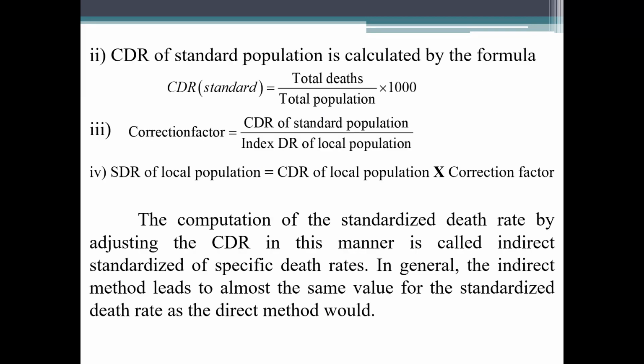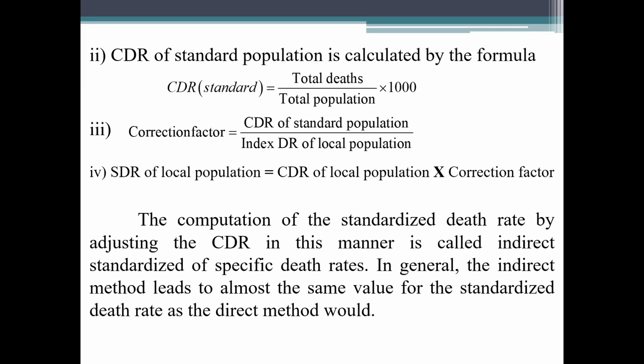Second step, we need to calculate the crude death rate for the standard population. That is total deaths divided by total population, multiplied by 1000, for the standard population. Third step, we calculate the correction factor. That is, the crude death rate of the standard population divided by the index death rate of the local population.